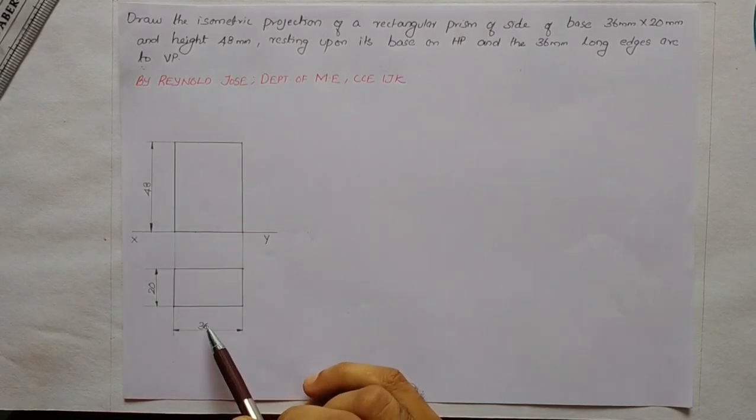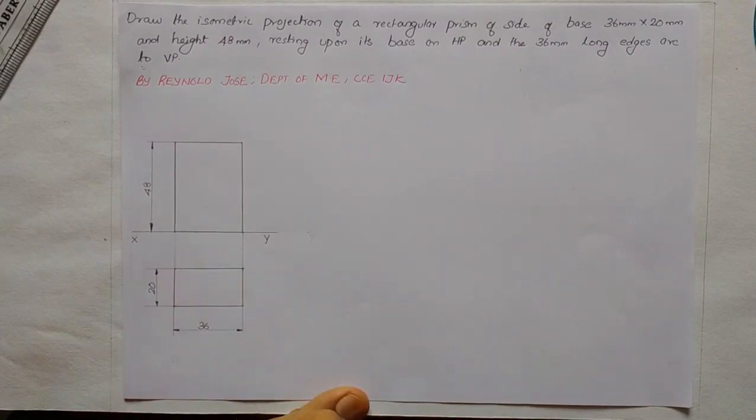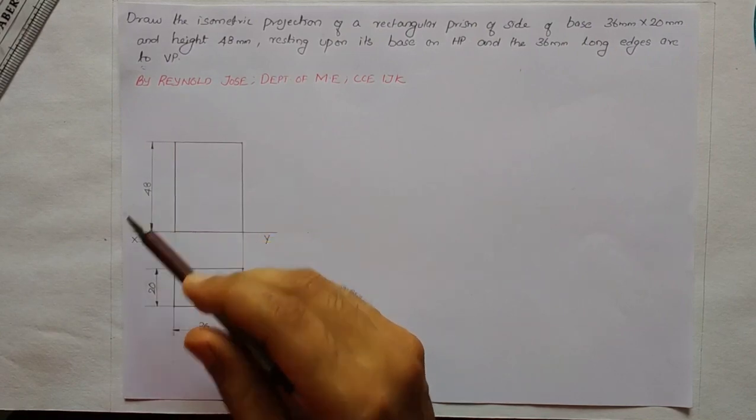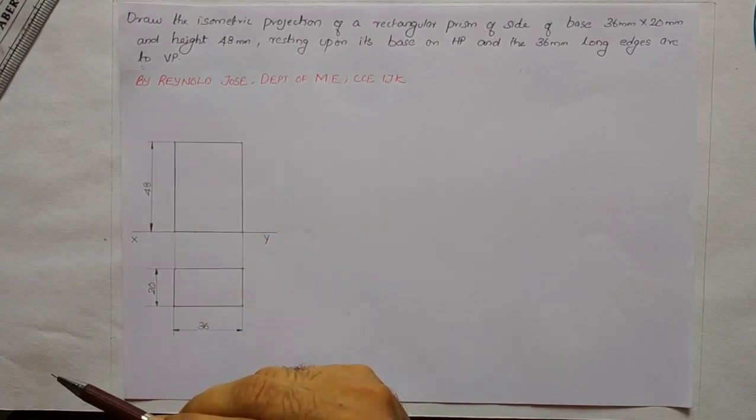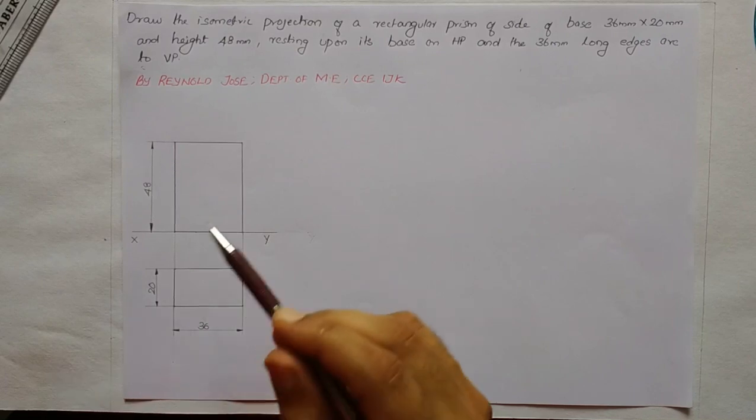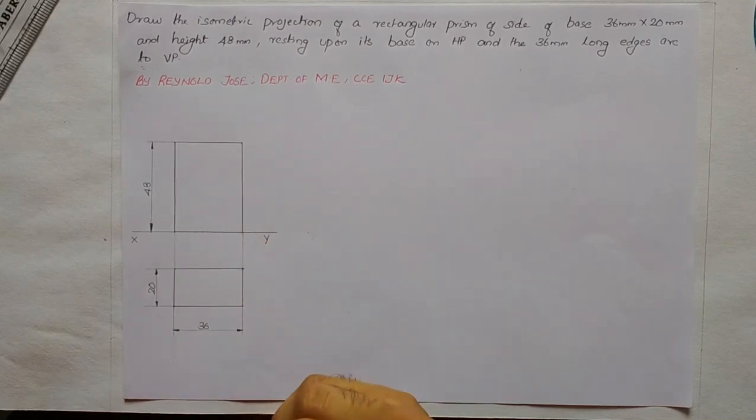Here the solid has dimensions 36, 20 and 48. So the maximum dimension is 48. We shall round this 48 to 50 mm. If you draw an isometric scale which can read at least 50 mm, that isometric scale will be sufficient for this diagram in order to take isometric length.